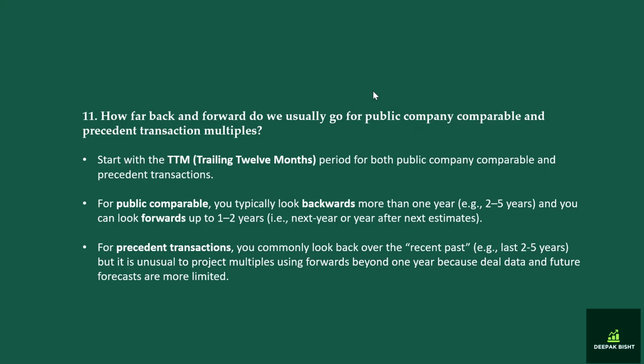So you forecast for 1 to 2 years. For example, next year's or the year after's EV by EBITDA ratios, you are trying to forecast those numbers. Public companies generally have analyst forecasts and market expectations available, and there are a lot of analysts covering those companies, so you can make a judgment from their analysis and research.